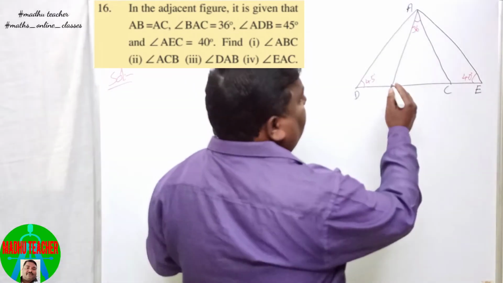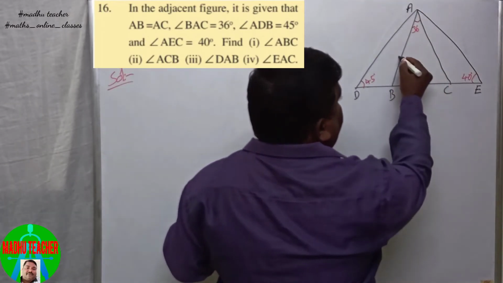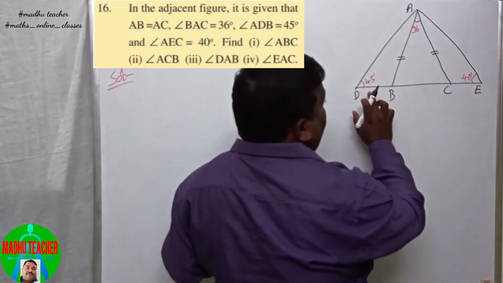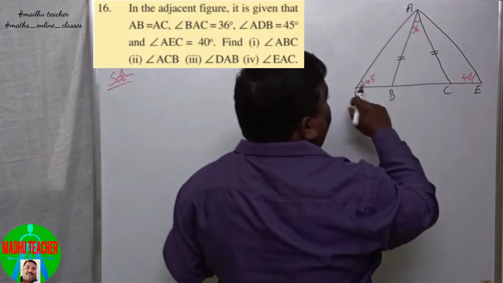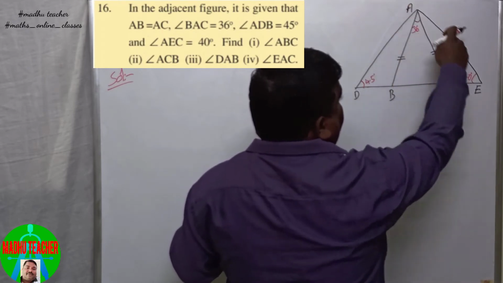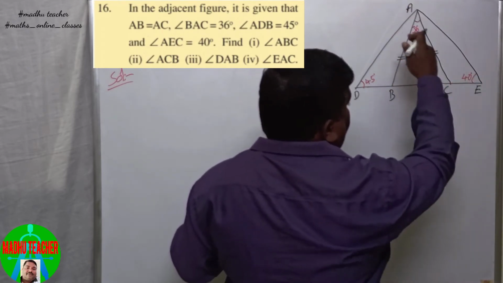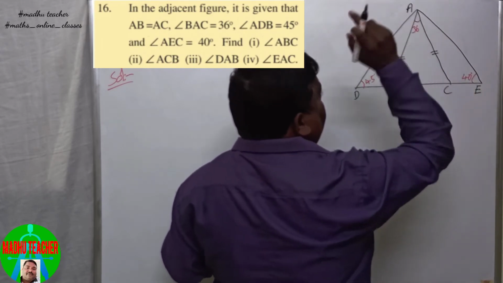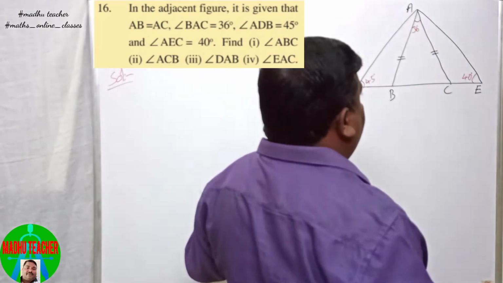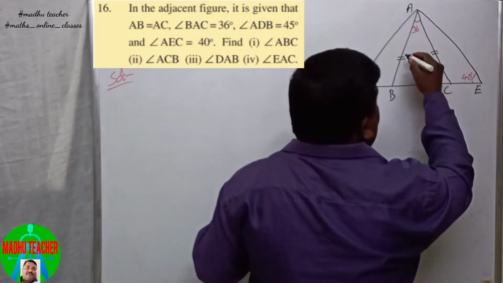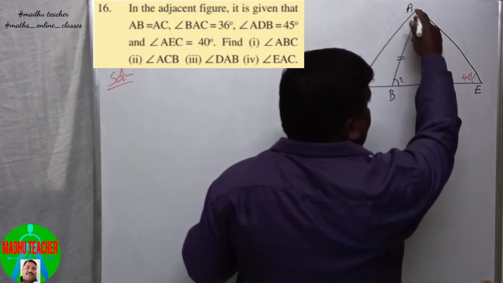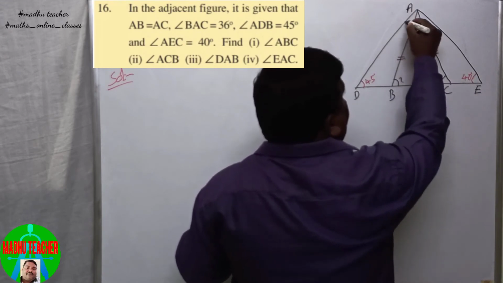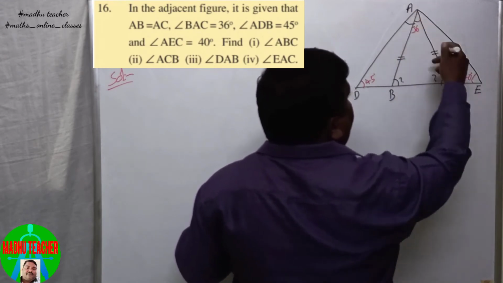In the adjacent figure, AB equals AC. These two are equal. And we have some values: angle ADE equals 45, AEC, or AEB, AED, whatever, 40, angle BAC equals 36 degrees. Then we have to find angle ABC, angle ACB, angle DAB, angle EAC.